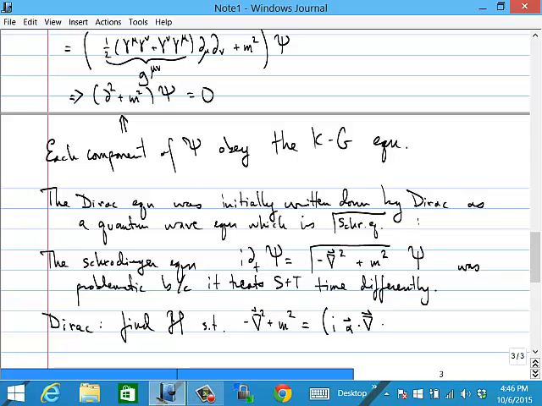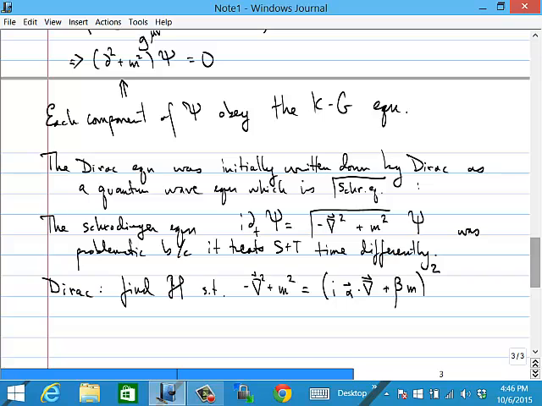So in particular, we're going to search for matrices alpha and beta, we'll need 3 alphas and 1 beta, such that the operator that you're taking a square root of is actually a perfect square. Then one can just take the square root in the Schrodinger equation and you get i d by dt of psi is i alpha dotted into the gradient plus beta m times psi.